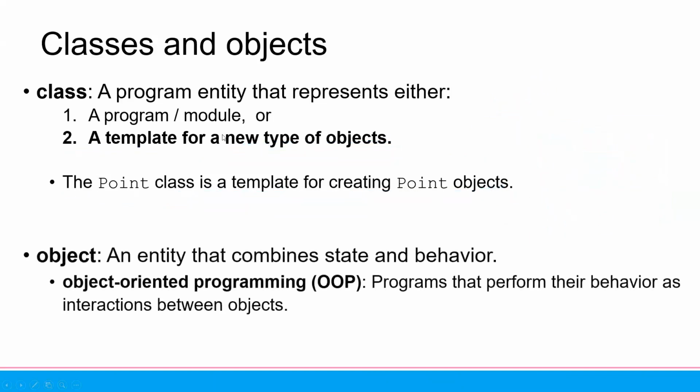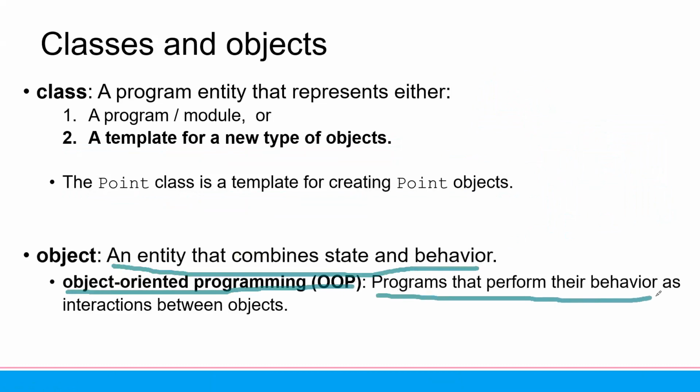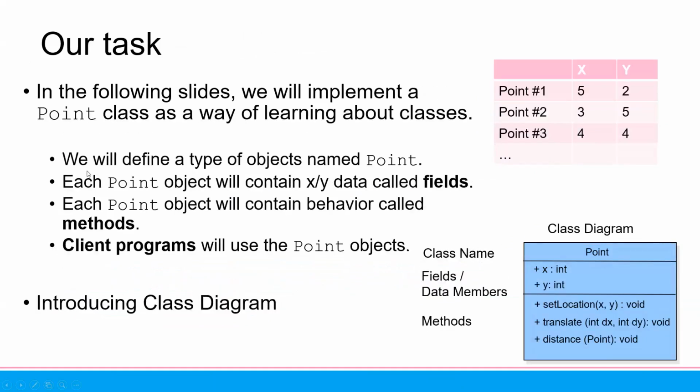So an object is an entity that combines state and behavior. We call this OOP, or object-oriented programming, because it is programs that perform their behavior as interaction between objects. So let's see.